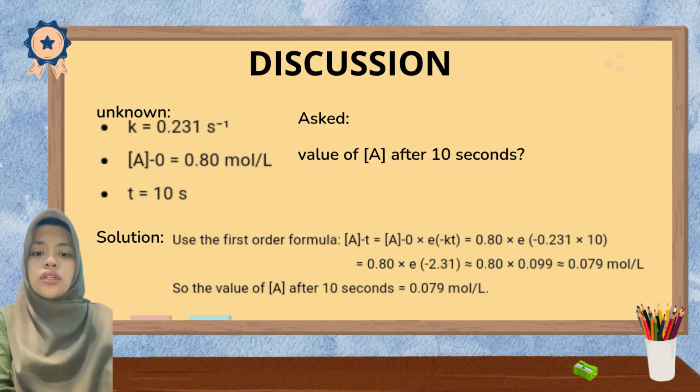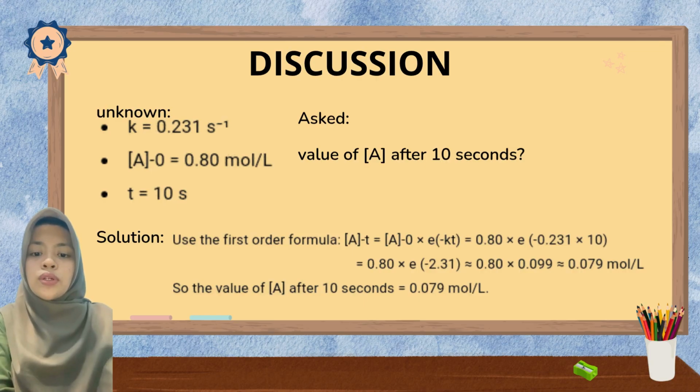Substitute the values into the formula. A at time t equals 0.80 times e to the power of negative 0.231 times 10. This gives us A at time t equals 0.80 times e to the power of minus 2.31.